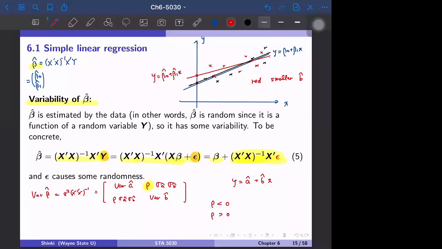So the red line has a larger A hat. Probably in this case, rho hat is negative. If rho hat is positive, it's probably a different situation, such as all data points being on the left-hand side of the y-axis, or maybe the slope is negative. So you can see the meaning of the estimated rho in this setting.